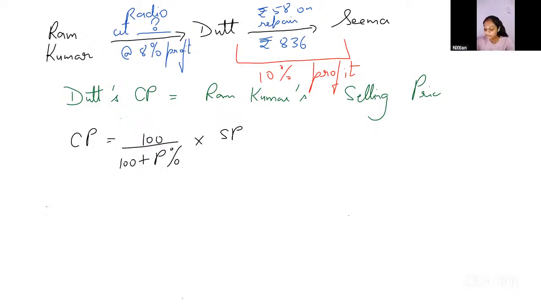Put the values in the formula. 100 divided by 100 plus, when that is selling, how much profit is that getting? 10% profit. So 10 multiplied by what's my selling price of that, 836.